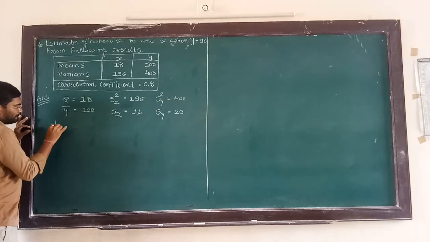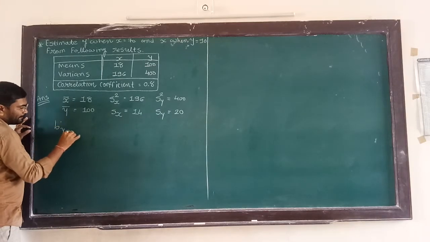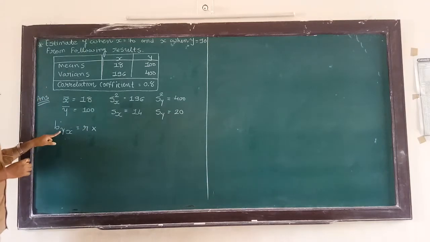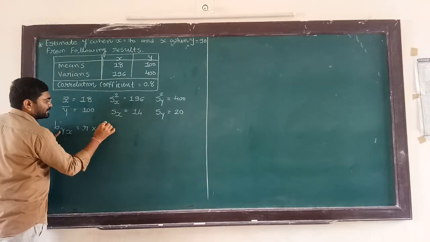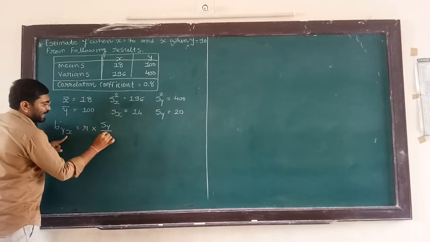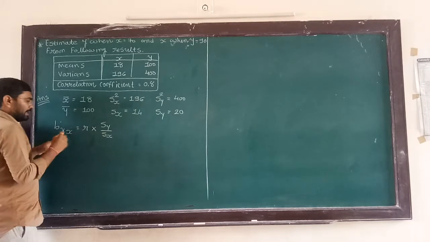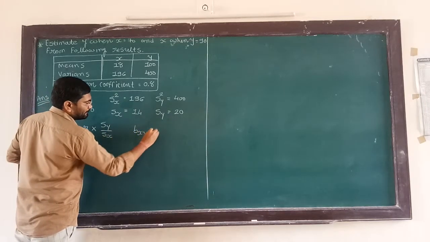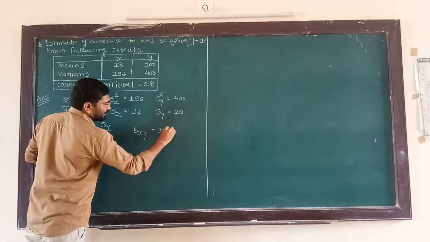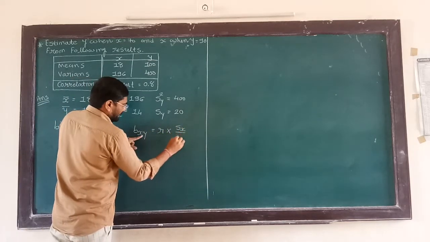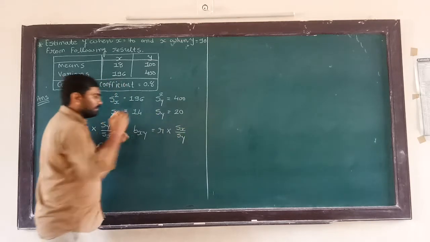We need byx is equal to r multiplied by the first step sy, which is given, upon the last step sx. Same as bxy is equal to r into first step sx and second sy.